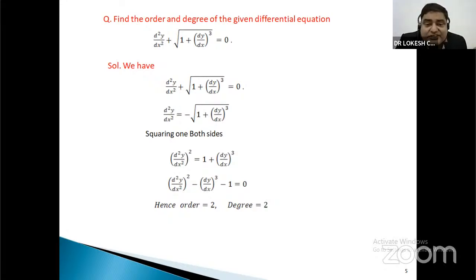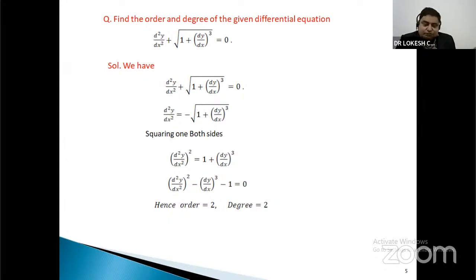So for finding the degree of the differential equation, we must square both sides. Squaring both sides, we get (d2y/dx2) whole square equal to 1 plus (dy/dx) whole cube. So here we have a differential equation which is free from the radical sign: (d2y/dx2) whole square minus (dy/dx) whole cube minus 1 equals 0.